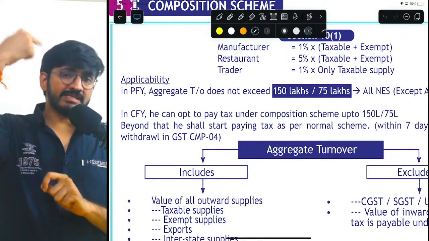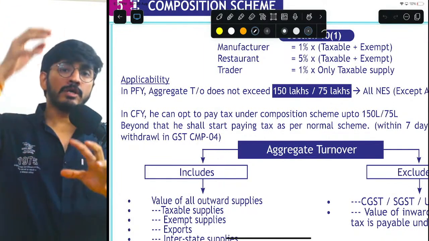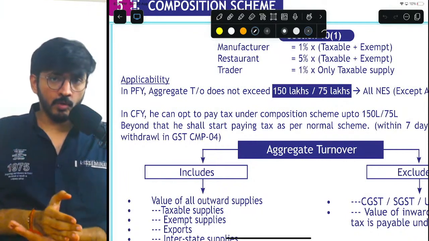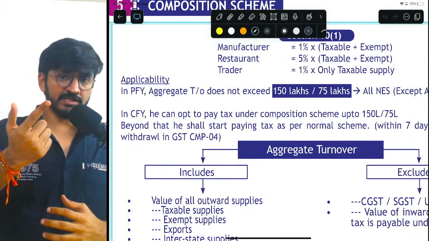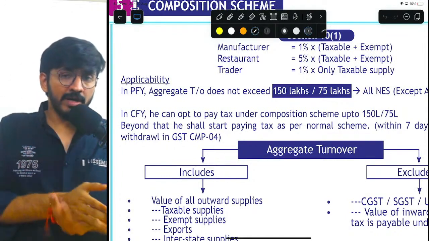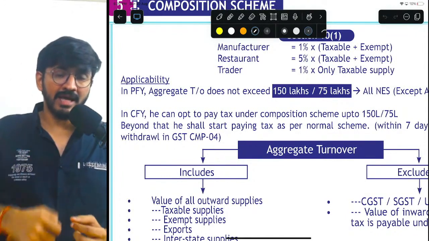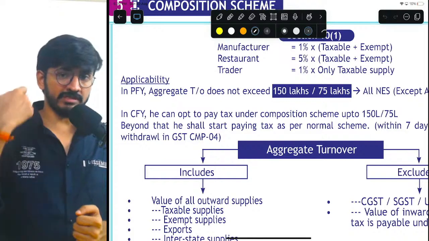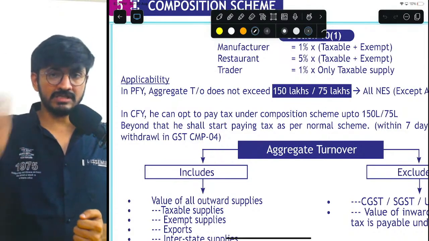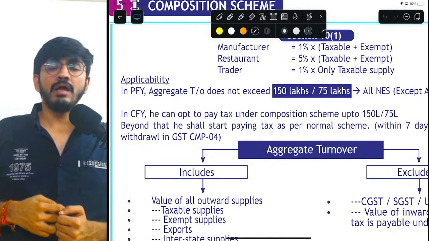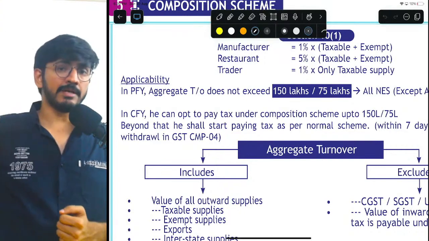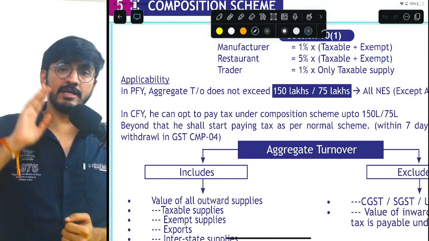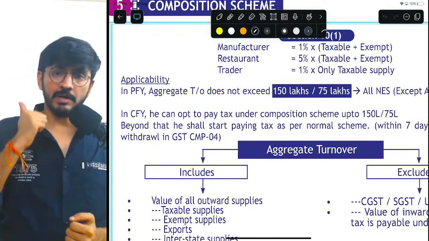You will check this limit of the preceding financial year to conclude one fact: let's say, for example, the preceding financial year was 2023, then in 23-24 on 1st April, can you start opting for composition scheme? Can you take composition scheme? If the turnover is less than 1.5 crores, simple, you can. If not, then definitely you can't. So that is point number one.